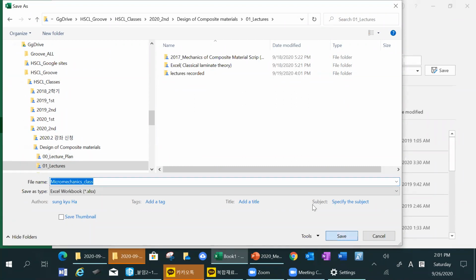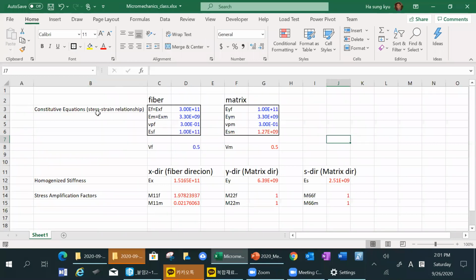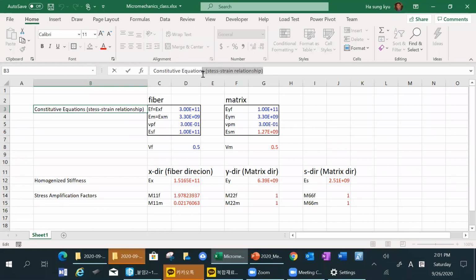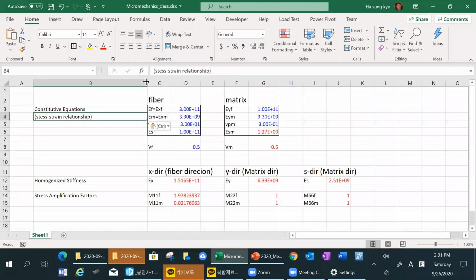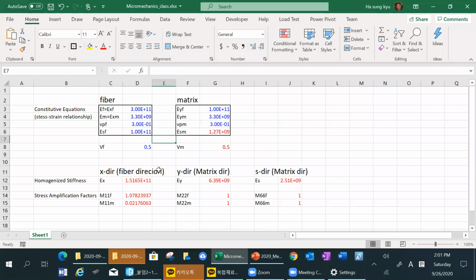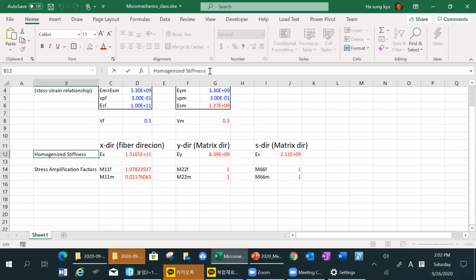Okay. And by the way, this is the one you have done as homework, right? Very similar to the homework. Now, of course, we're going to extend these terms like homogenized stiffness, or you can say UD or ply stiffness.